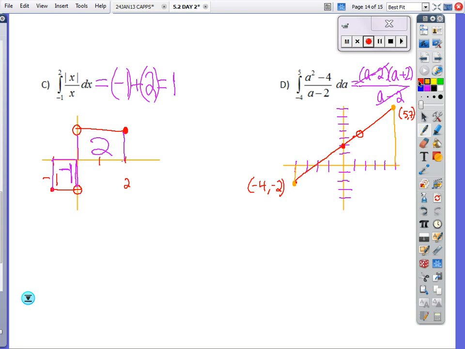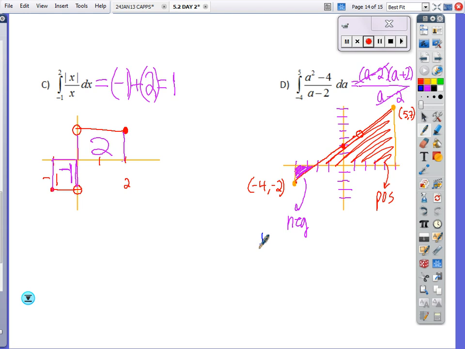So net signed area says you're going to find the area of this triangle, and that'll be negative. You're going to find the area of this big old triangle, and that'll be positive. But you're literally just going to add them. So let's actually put in the values real quick before you guys leave me. Yeah, you kind of jump over that little piece.